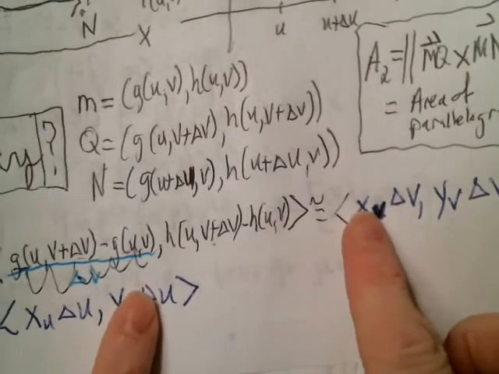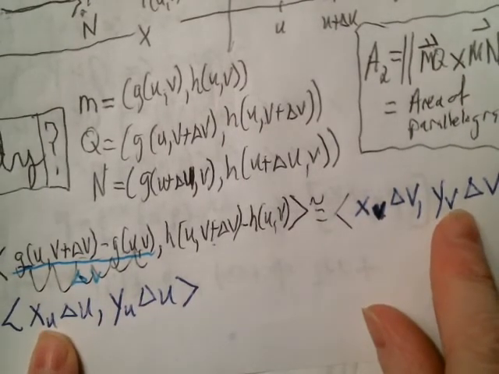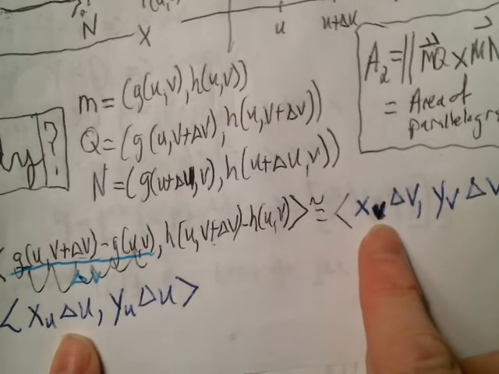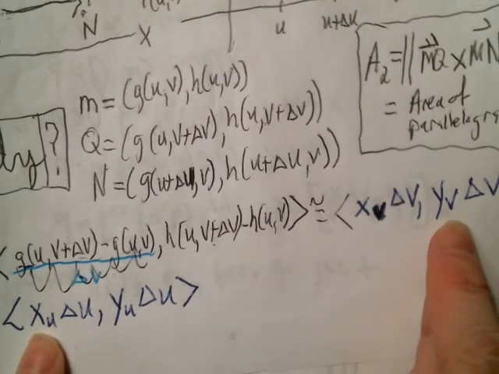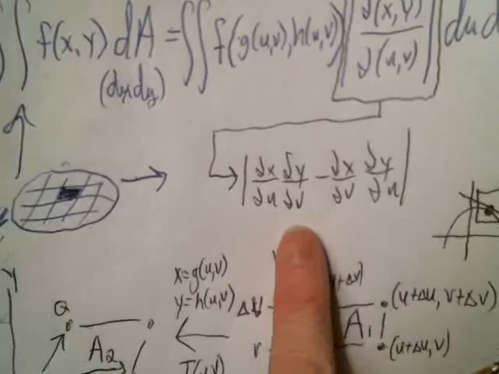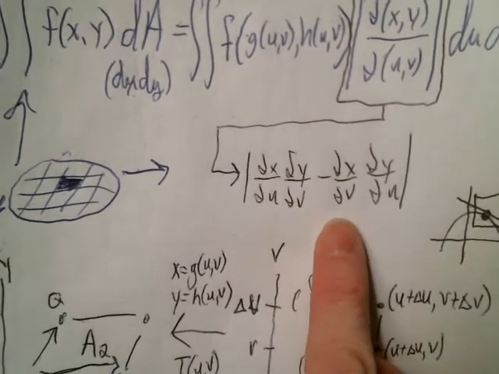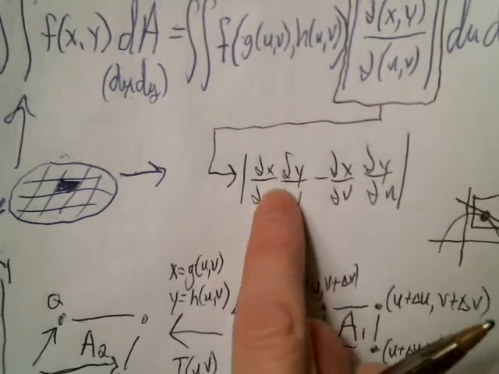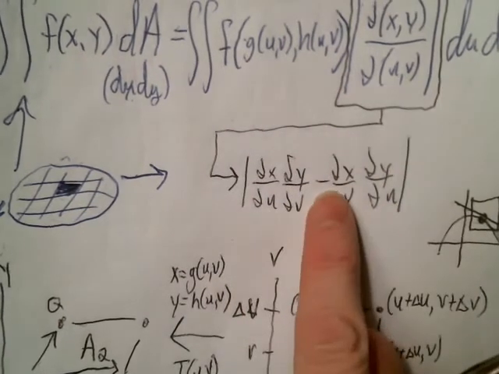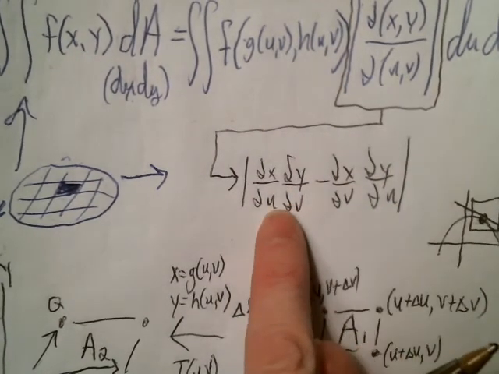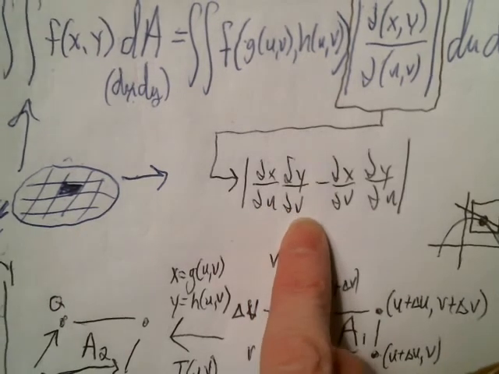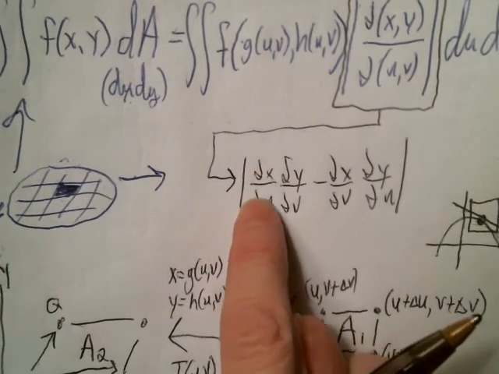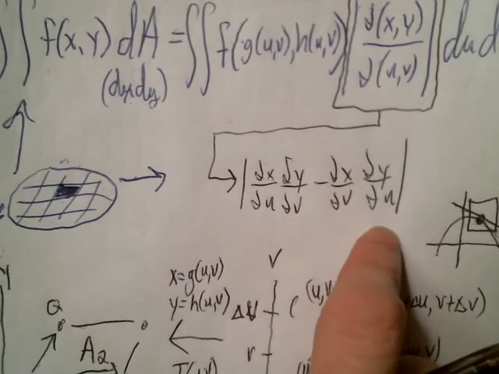This times this minus this times this. And what do you got? You basically have xv yu minus yv xu. And if you look back here, that's kind of what we need, right? xv yu minus, and it's an absolute value, so it doesn't really matter what order we got it in, xu yv. As long as it's x with u, y with v, and then x with v, y with u, we got it.